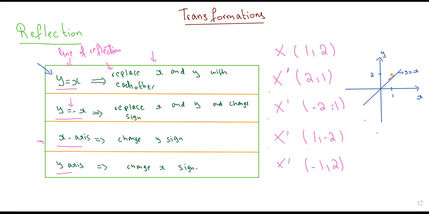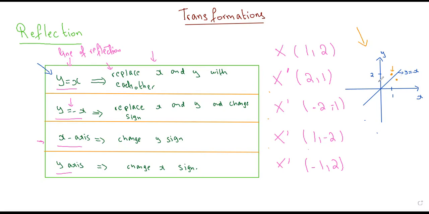Now we'll see what is going to happen when it is reflected by the line y equals x. Now forget about everything. Just focus on this diagram. This is your dot. Your line is y equals x. When the image would be reflected, it would come somewhere here, okay?